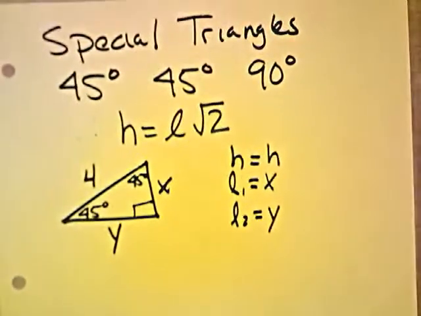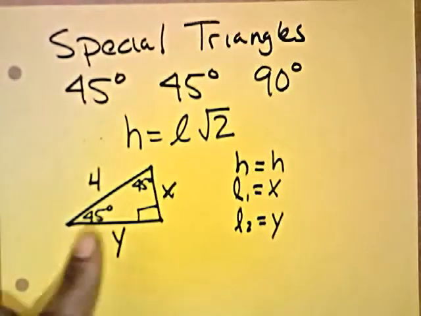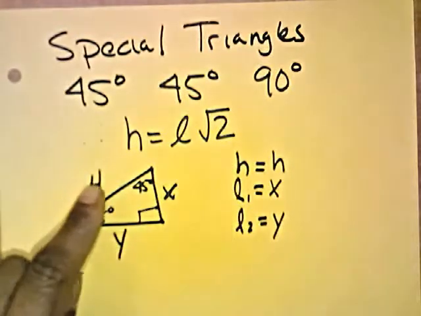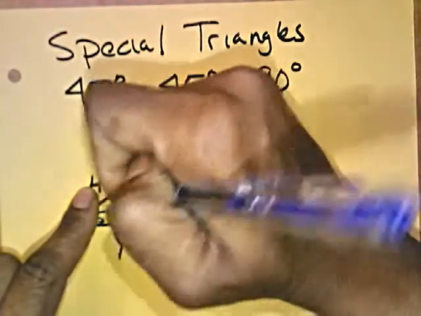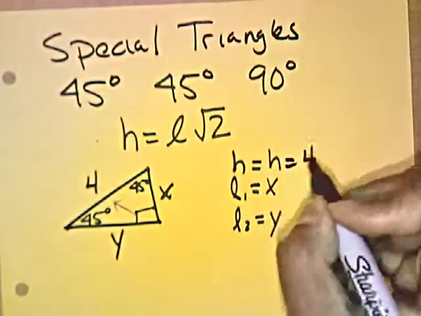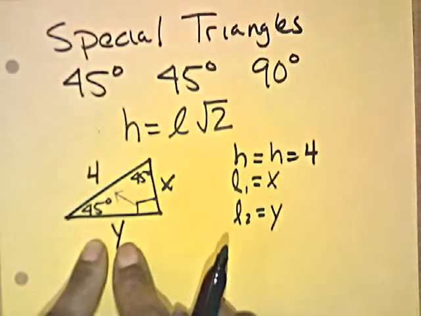So, for instance, with this particular one, this is a 45, 45, 90. I know this is the formula that I have to use. I'm going to identify h and my two legs. My hypotenuse, which is right here, and that happens to be 4, and my two legs. This one is x and this one is y.